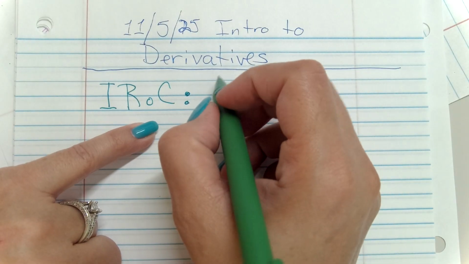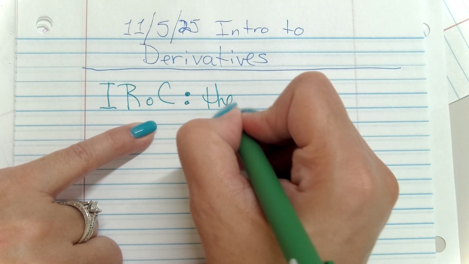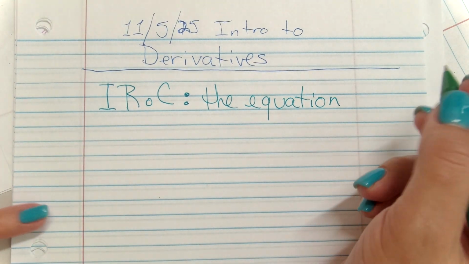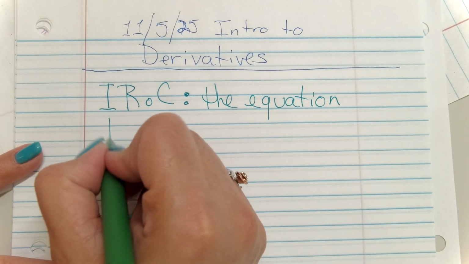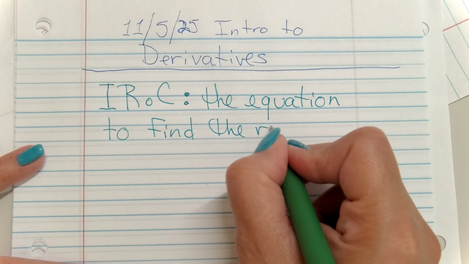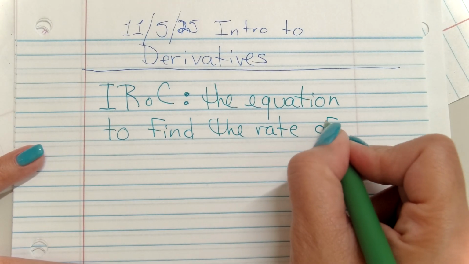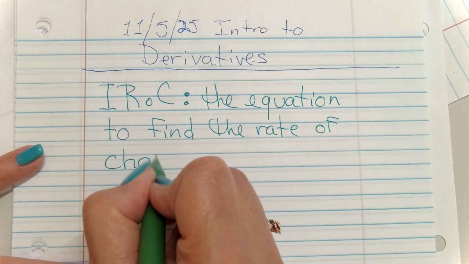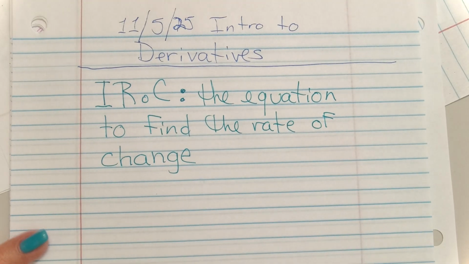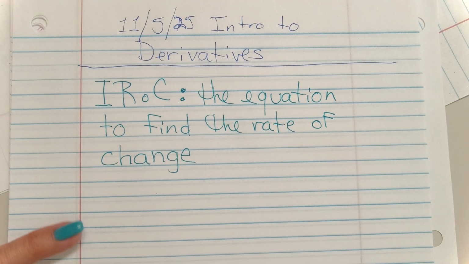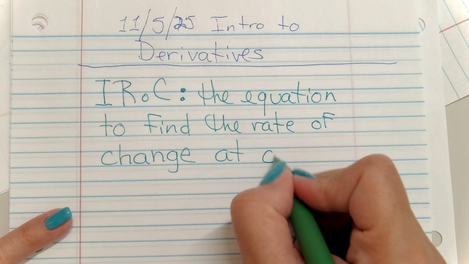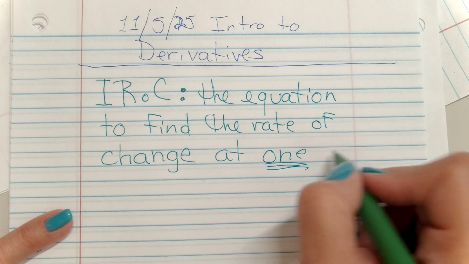The instantaneous rate of change is the equation to find the rate of change at one specific x.